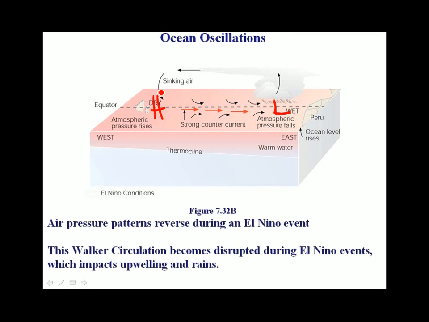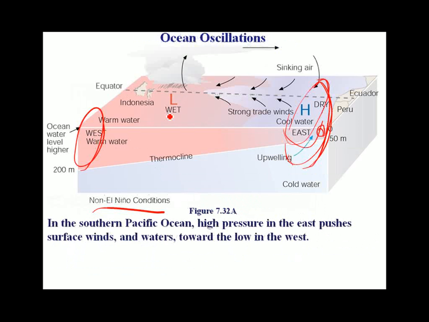We know that air sinks in high pressure, and so air is sinking. It's warming, it's moving away from the saturation vapor pressure curve. So we have clear skies. And we also have upward moving air with low pressure, cooling, condensing, producing a thunderstorm. So one thing during an El Nino, the pressure patterns switch. Let me go back here to a normal condition.